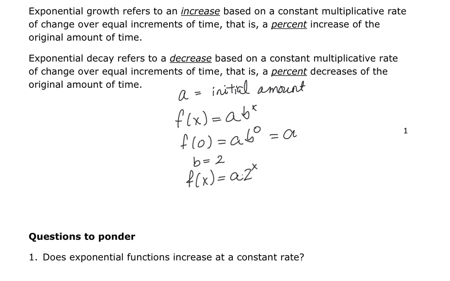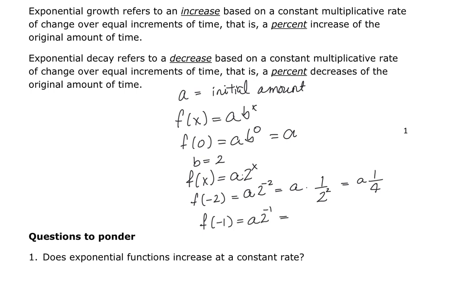So if I have f of negative 2, this becomes a 2 raised to the negative 2, which becomes a times 1 over 2 squared, so a times 1/4. f of negative 1 is a 2 raised to the negative 1, which is a times 1 over 2.